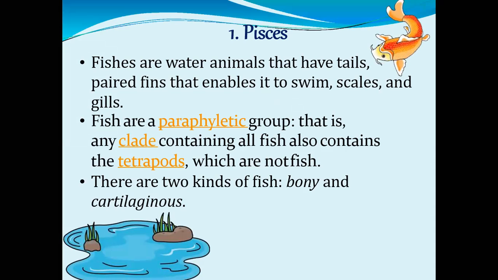These are water animals. They live in water, and they have tails and paired fins. Paired means left side one, right side one. Paired fins help to swim in water. And there is presence of scales also.